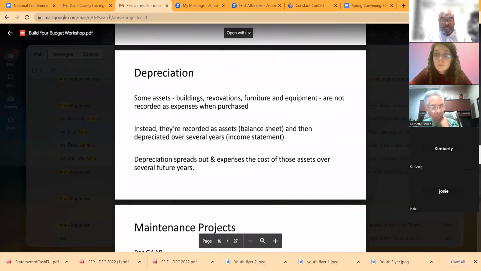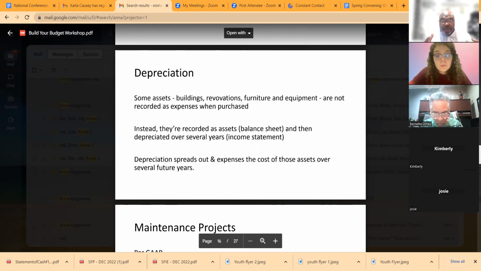Someone asked a question about depreciation. Some assets, like buildings, renovations, furniture, and equipment, are not recorded as expenses when purchased. Instead, they're recorded as assets on the balance sheet, then depreciated over several years in terms of the income statement. So on the balance sheet, we carry buildings, renovations, furniture, and equipment all recorded as assets.